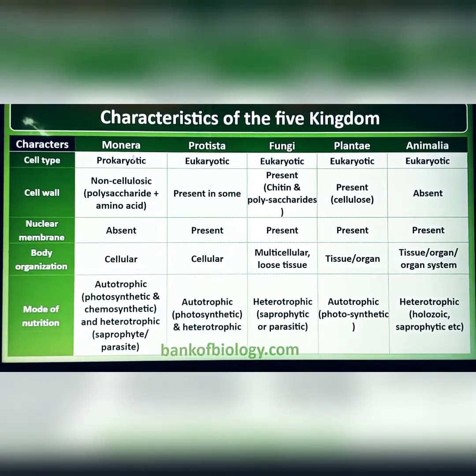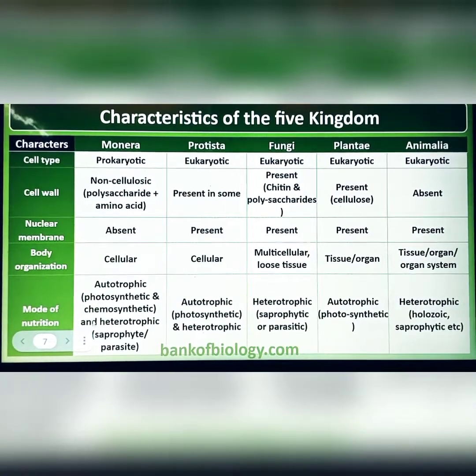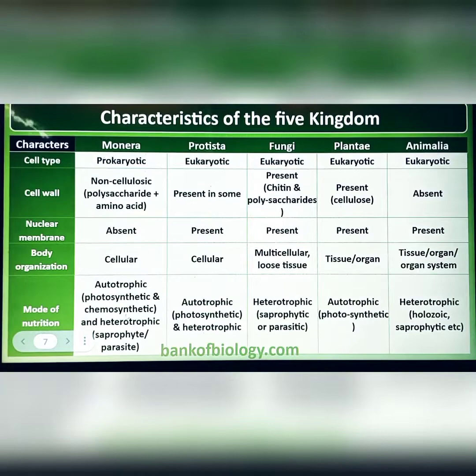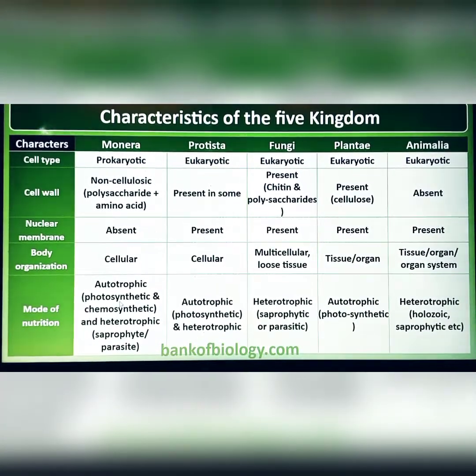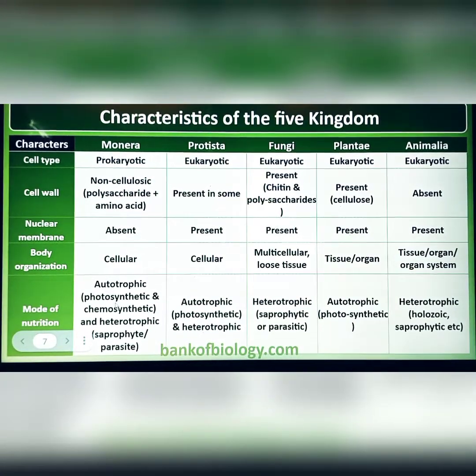Monera and body organization: the cellular type is unicellular, one cell. Their mode of nutrition is autotrophic, photosynthetic. They can prepare their food in the presence of sunlight, and they can also synthesize their food in the presence of chemicals.